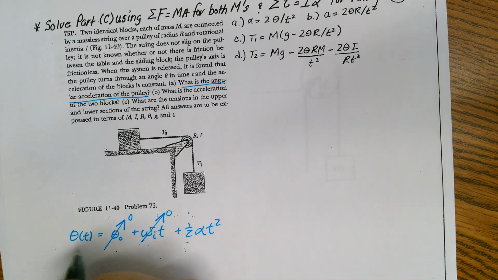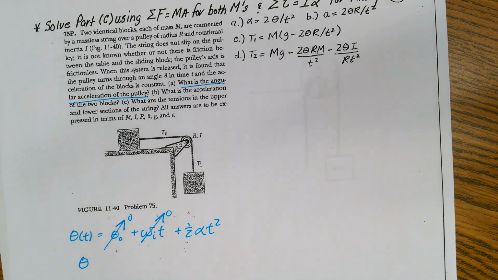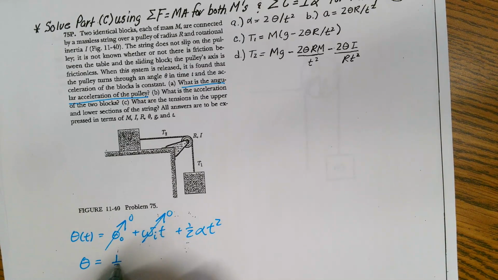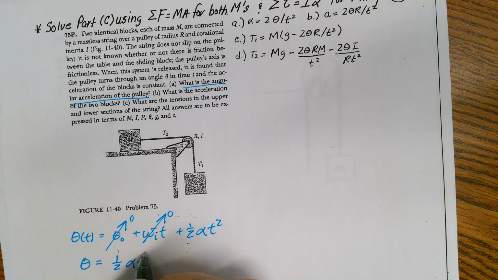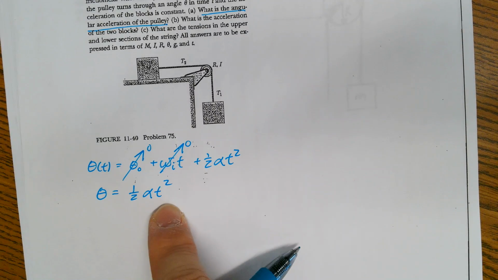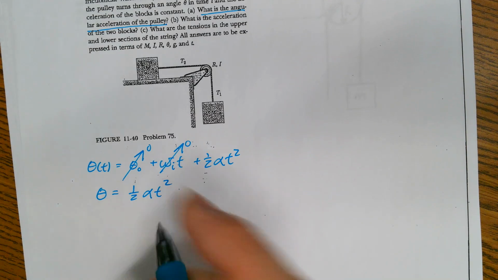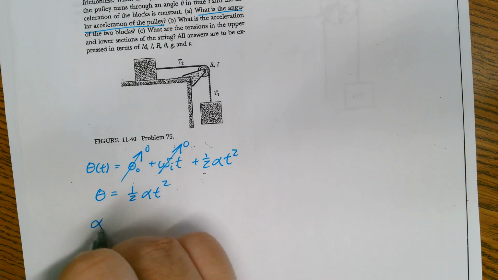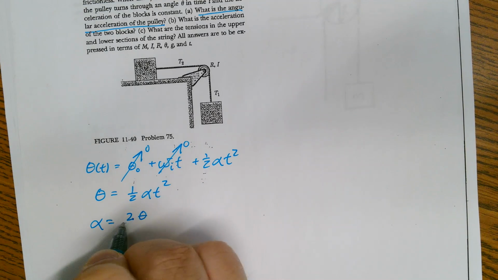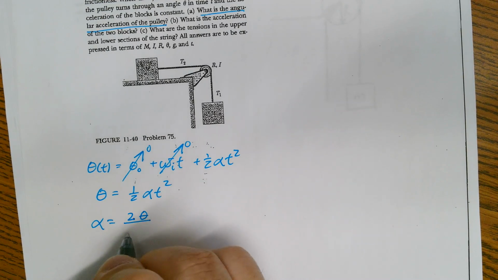So theta is equal to 1/2 alpha t squared. Whatever the theta that we get at this time t is what we have. So alpha is equal to 2 theta over t squared.